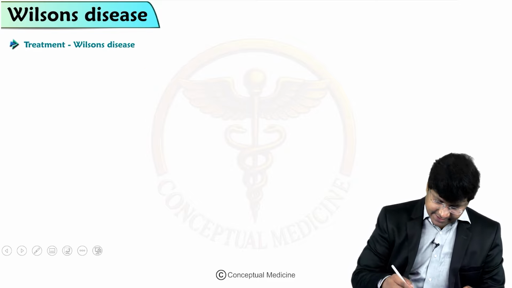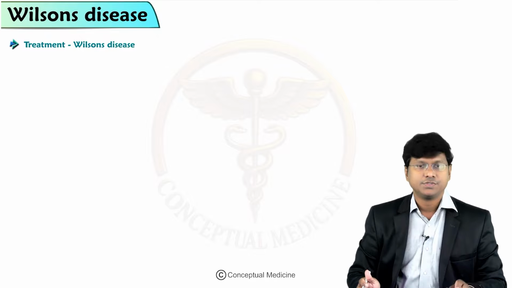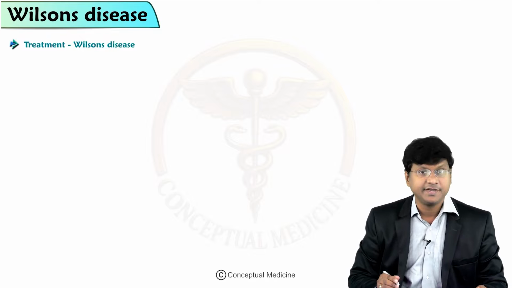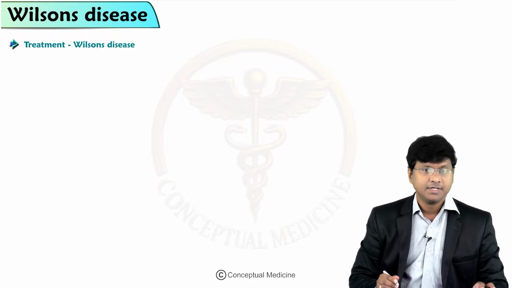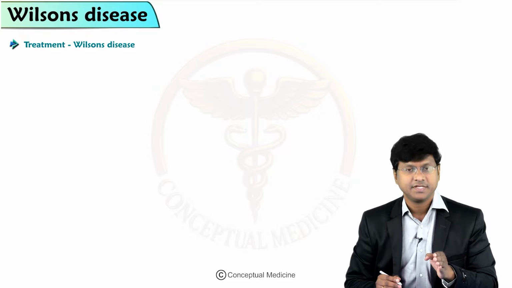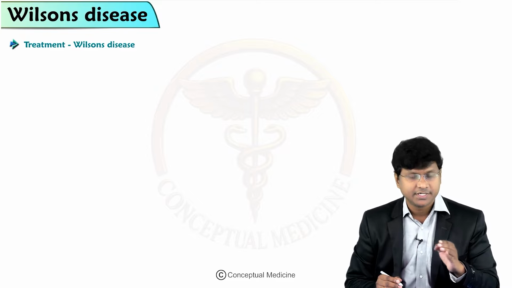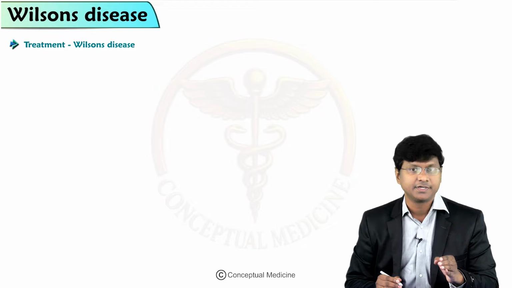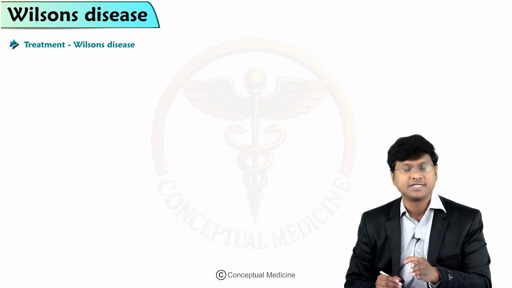Now let me discuss the treatment of Wilson's disease. The important principle in the treatment is that early treatment will cause the removal of the excess copper before it can produce hepatic or neurological damage.